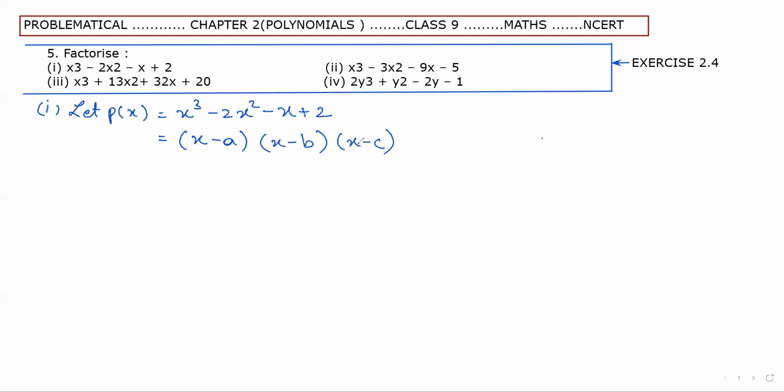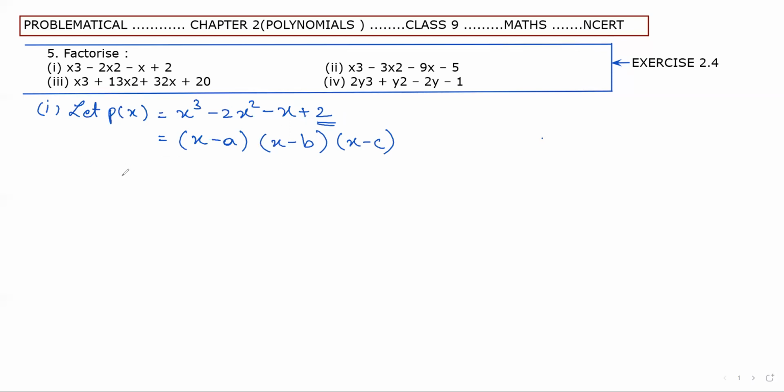The first factor out of these three should be calculated by hit and trial method or trial and error method by assuming the values. Now here you can make use of your factor theorem. The factor theorem states that whatever constant term you have, here your constant term is 2, factorize that 2 and place those values in the equation to check whether your remainder is 0 or not.